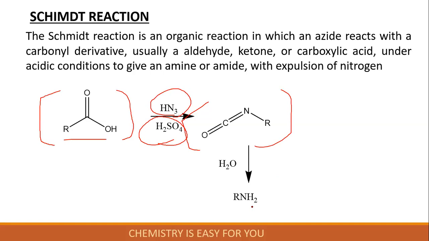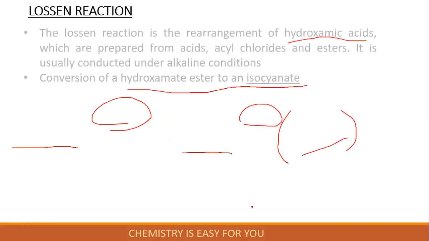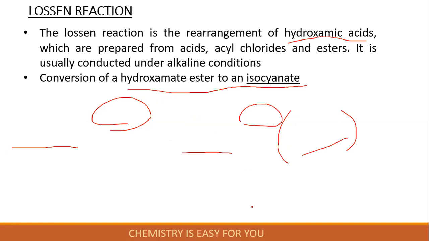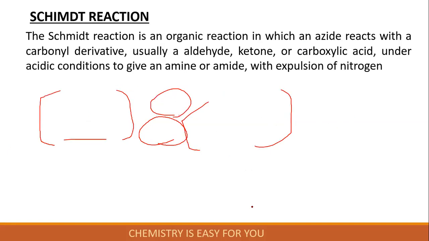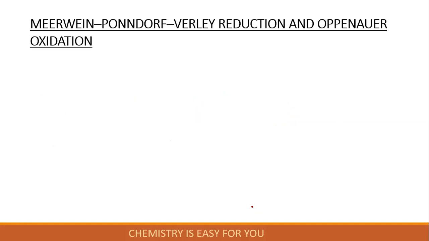In Curtius, we have acyl azide. In the Lossen reaction, we have hydroxamic esters, and in the Schmidt reaction we have the azide with a carbonyl derivative like carboxylic acid or aldehyde and ketone. In all of these we have isocyanate, and finally isocyanate on reaction with water will form a primary amine. Keep this in mind.